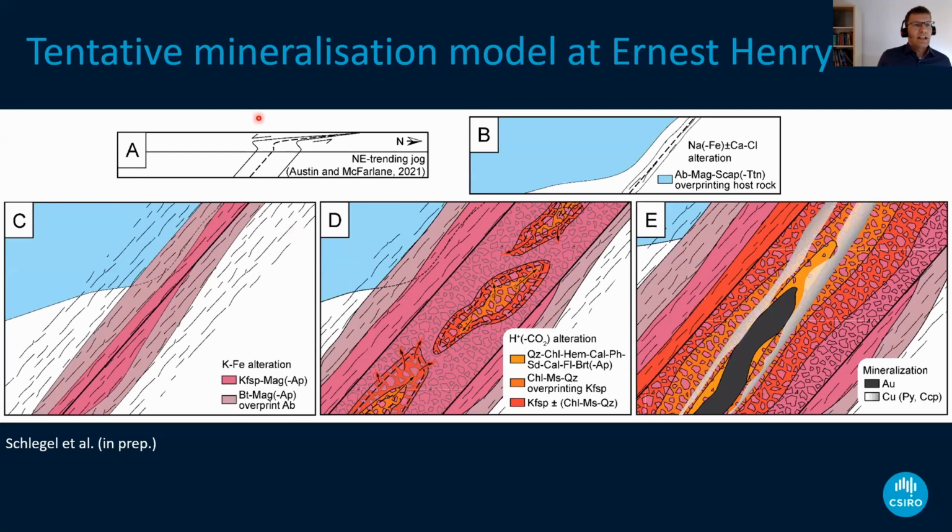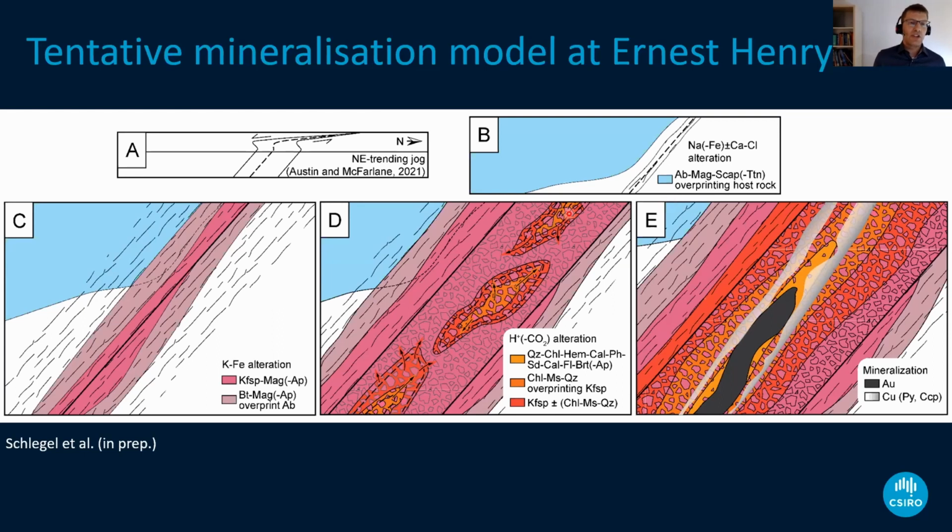But I'm taking the conclusion of Jim Austin and Helen McFarlane in one of their reports. So a developing northeast opening of a developing northeast trending jog. Okay, and then alteration kicks in, and we leave the fluids out for a moment. But you see sodic plus minus iron plus minus calcium chlorine alteration and the formation of albitite, magnetite, scapolite, just as I presented at the top of this drill hole EH691.